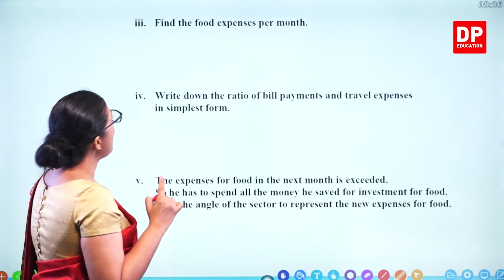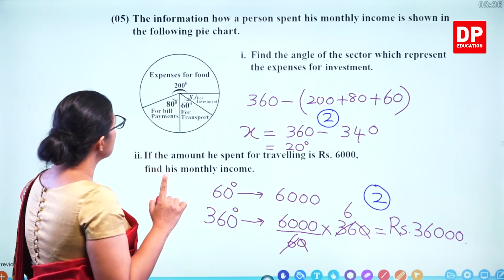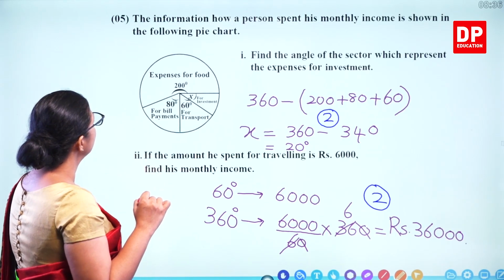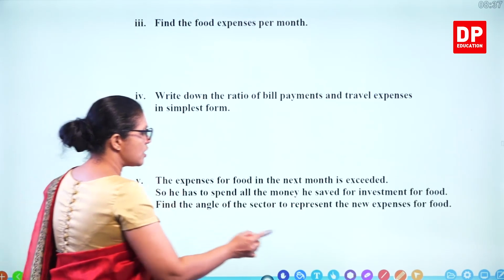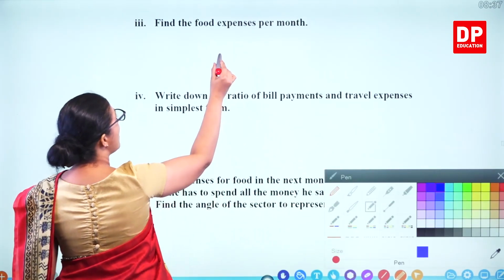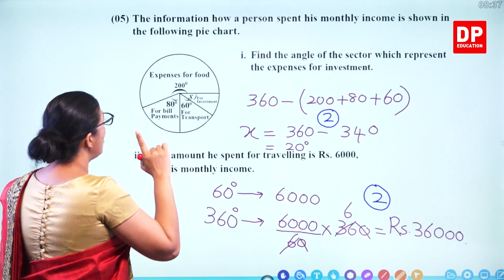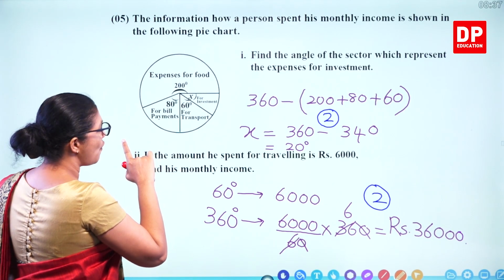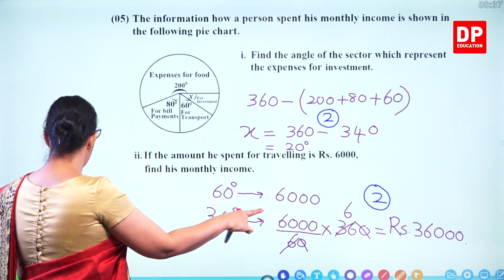Take the next one. Find the food expenses per month. Food expenses, that's 200 degrees. So we'll find out what's the value for 200 degrees. Out of 360, 200 degrees for expenses for food. And the total income is 36,000.